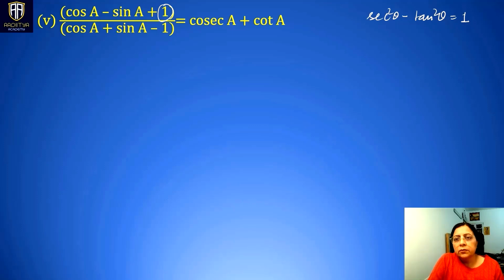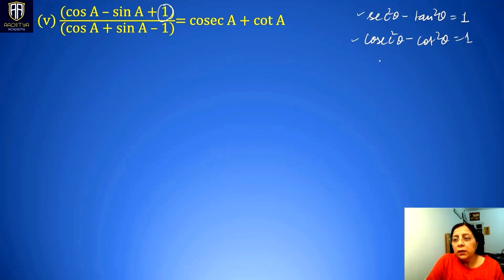So if this was a relationship between tan and sec, we would have started directly. Otherwise, we can write cosec square theta minus cot square theta as 1. So in such kind of questions, when we have tan, sec and 1, or cosec, cot and 1, we would have started directly.